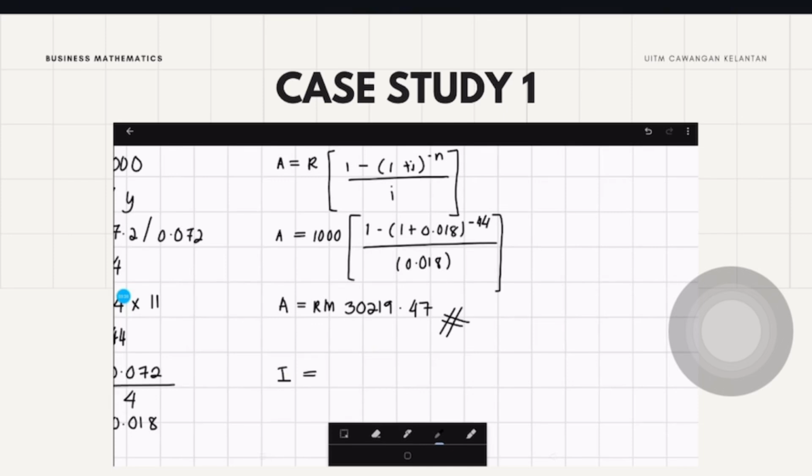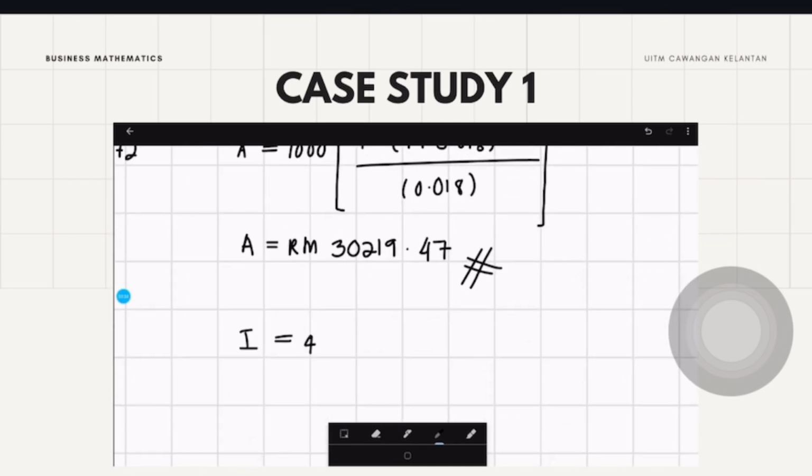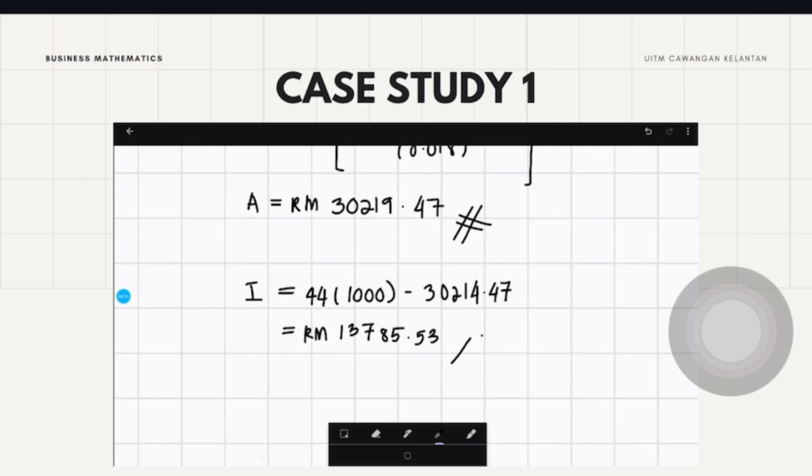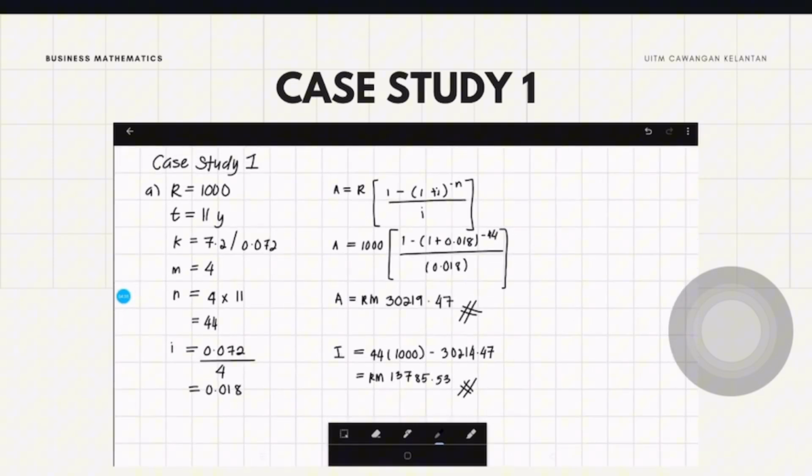For our interest charge, 44 times 1,000 equals 44,000, minus 30,219 ringgit 47 cents, and after putting it all together, we have 13,785 ringgit 53 cents. And that is for our Diamond Bank.